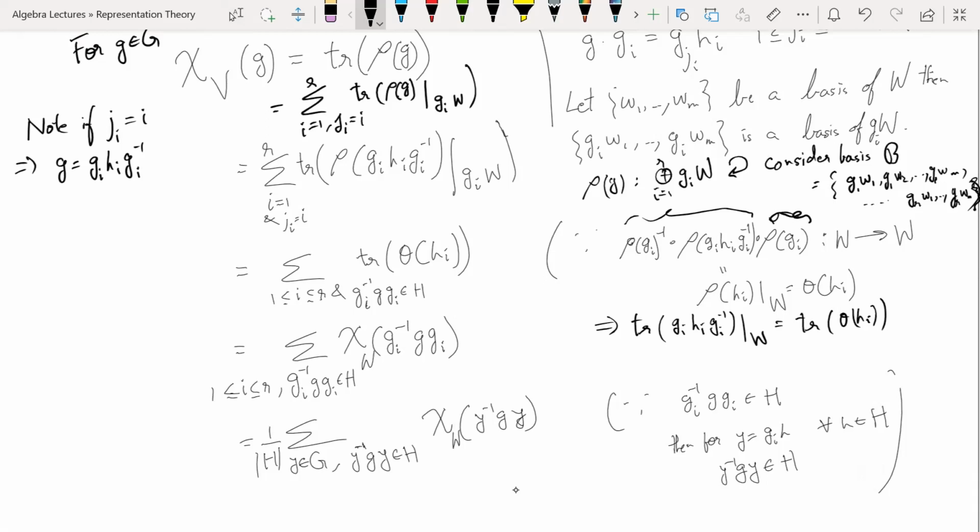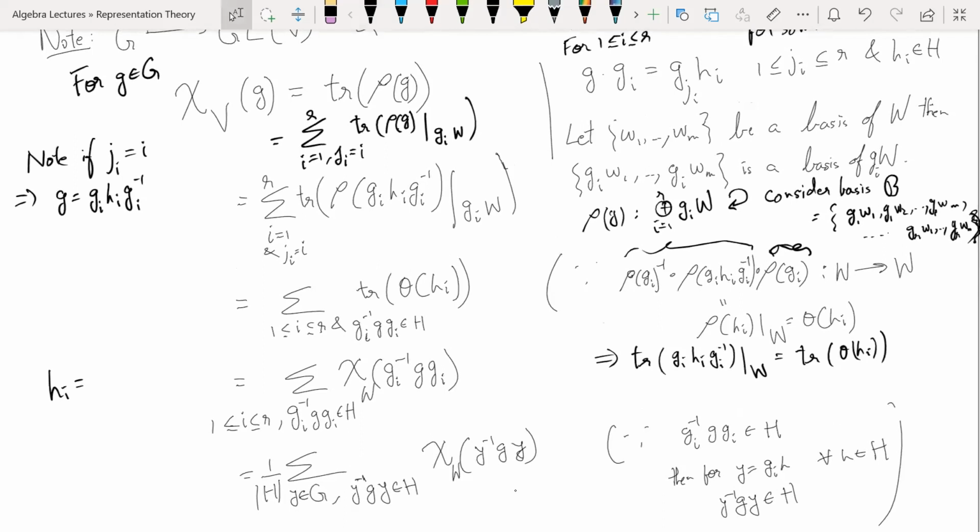So now you can relate it to the character of H, because theta is a representation of H. So the trace of theta H_i is precisely the character of H_i. And what is H_i? Since H_i is G_i inverse G G_i, but G G_i is the same as G_i because we are in that case.